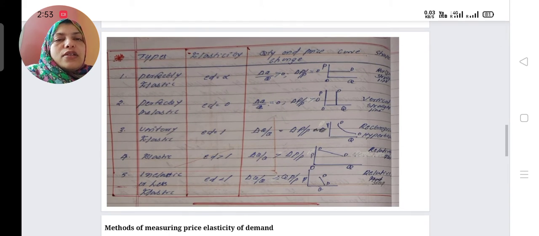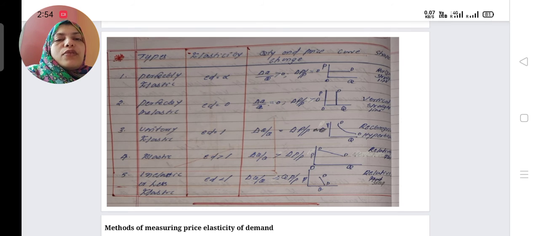Then we can summarize elasticities in a table. First, perfectly elastic: its value is infinite, and its curve is parallel to the x-axis. Then perfectly inelastic: its value is 0, and its curve is parallel to the y-axis. Third, unitary elastic: its value is 1, and it is a rectangular hyperbola.